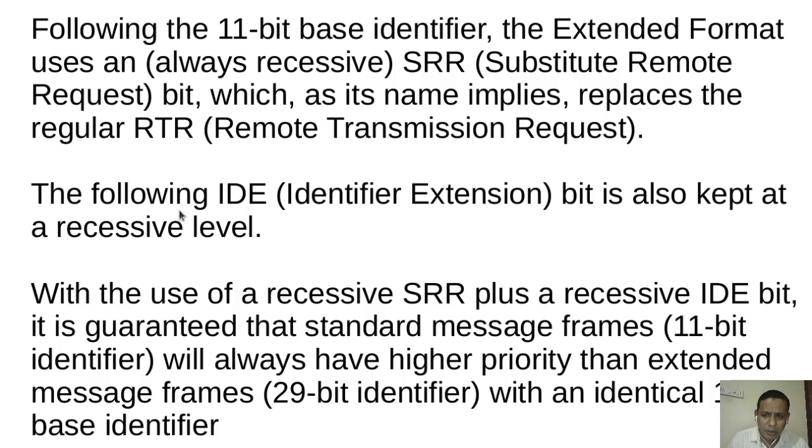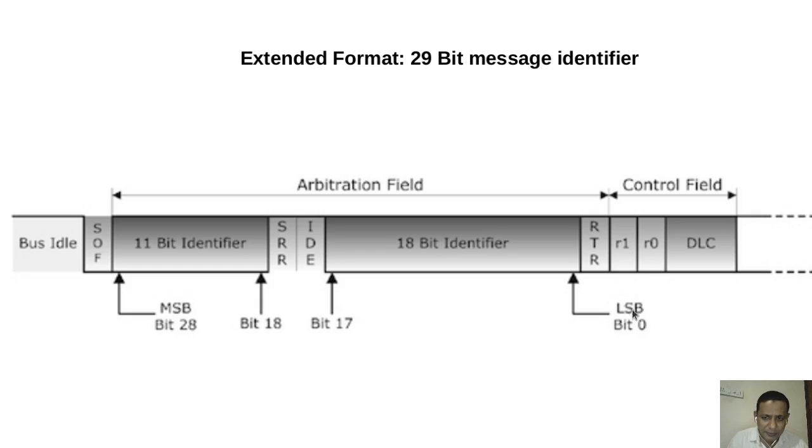Following this is the IDE, the identifier extension bit. The IDE bit is also kept at the recessive level. That is, with the use of a recessive SRR plus a recessive IDE bit, both are high, recessive.